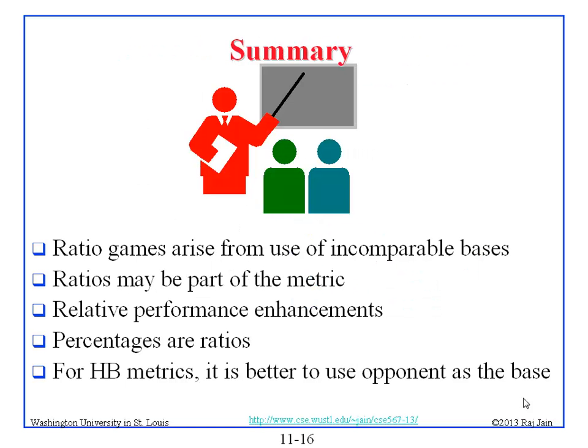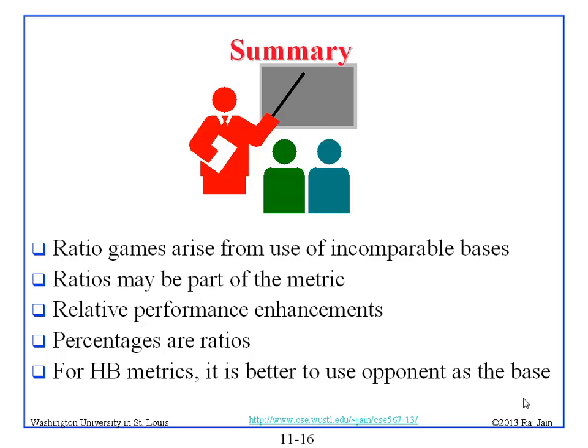Okay. All right, that brings us to the end of that chapter, and the conclusions are that ratio games arise from the use of incomparable bases. When you have bases that are not comparable, then you get into this kind of trouble, and the ratios generally do not have to be just taken at the end.